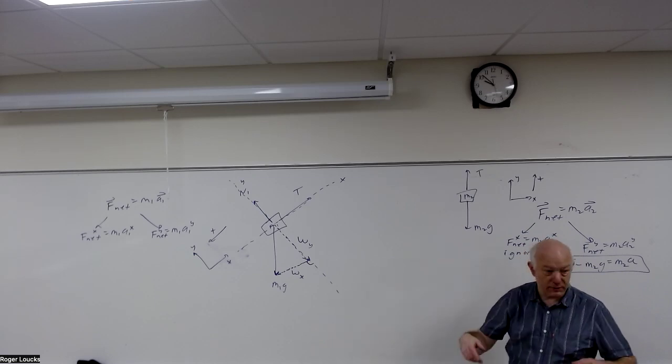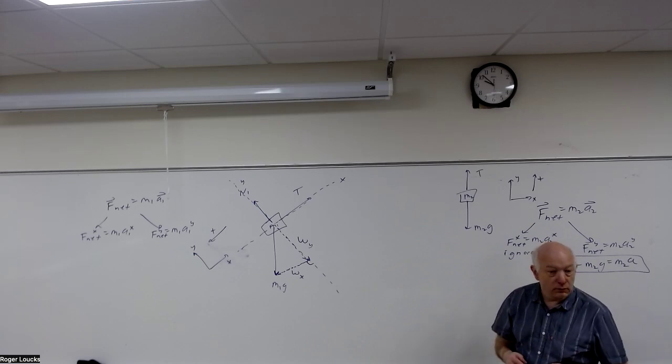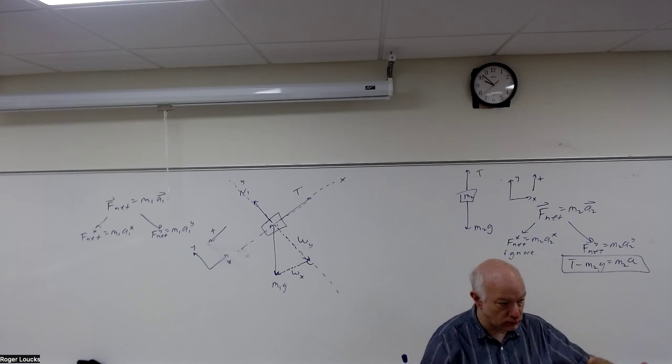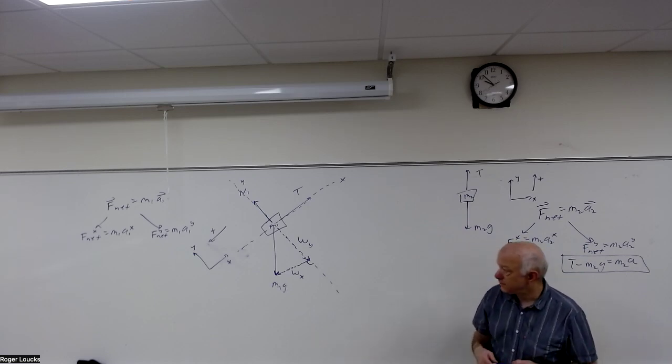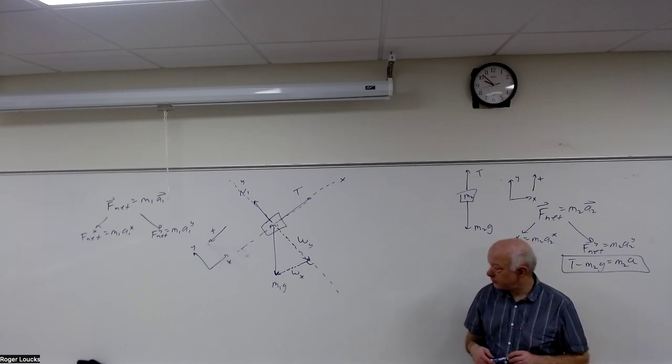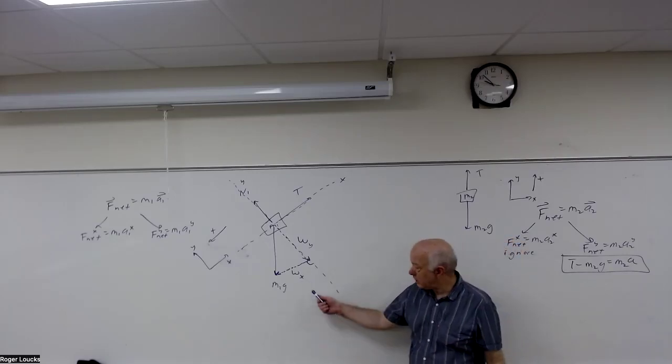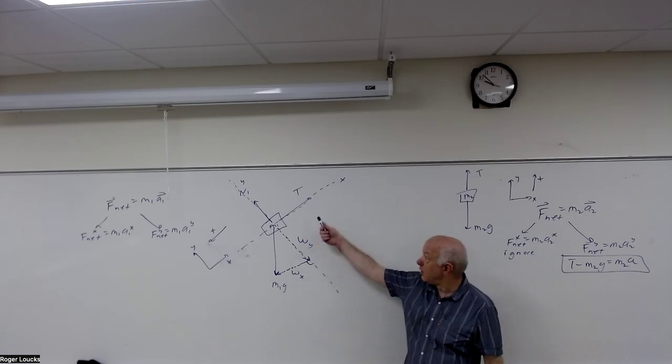Going down. Why? Because Carter said it's going down. So what do we have? Again, the net just means the total or the sum of the forces in the X direction. M1G sine theta minus T. Okay, I'm going to call this WX, but what you said is correct. It's going to be this WX component minus the tension.